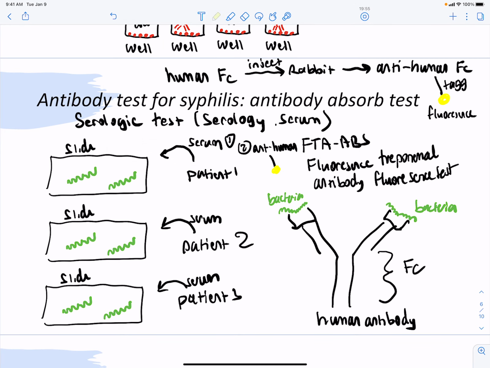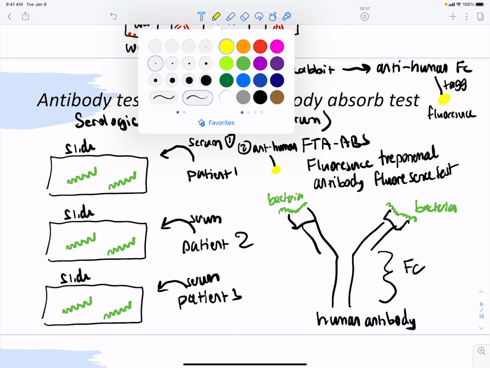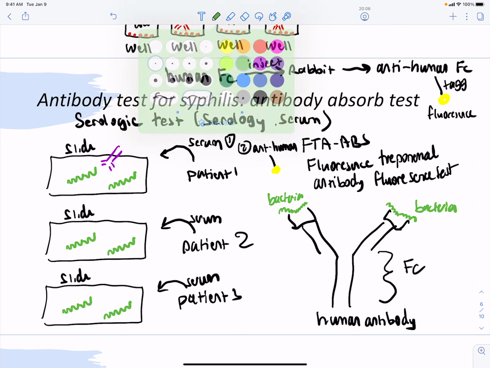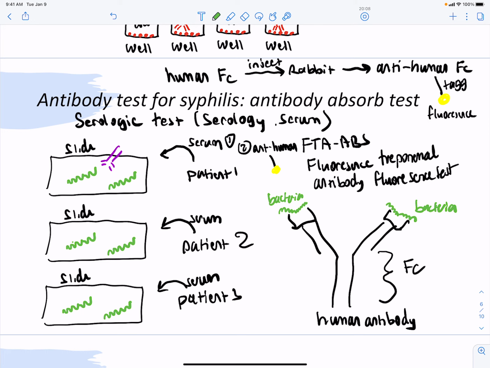Okay, so patient 1 has these purple antibodies that do not bind. Patient 2 has these green antibodies that bind, and patient 3 will have green antibodies that bind.